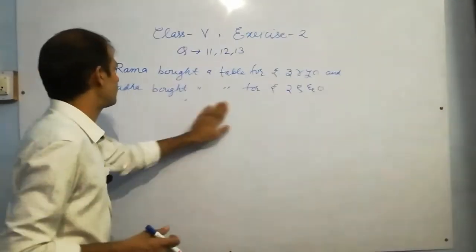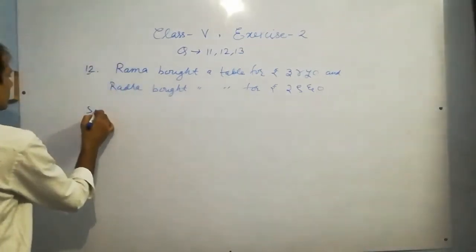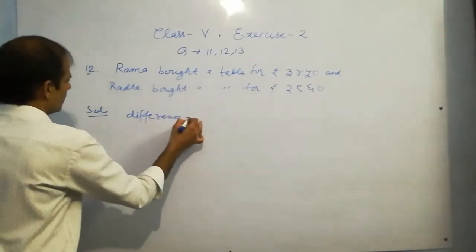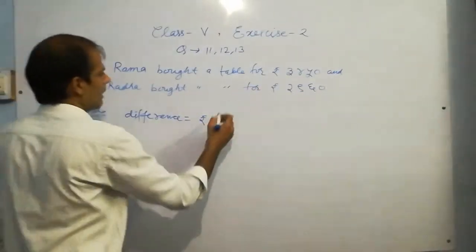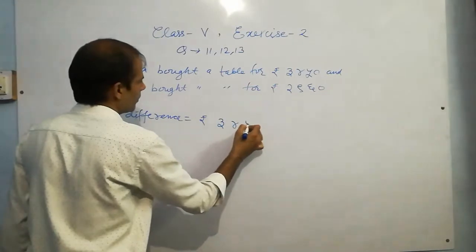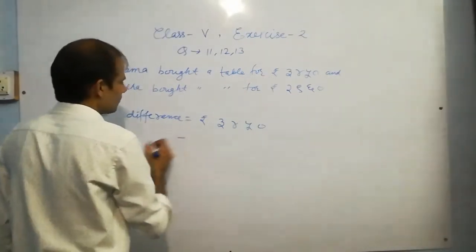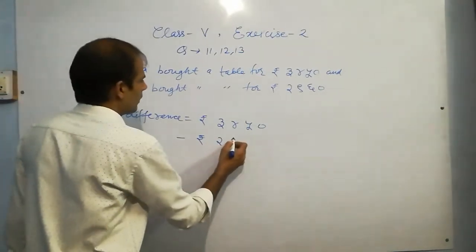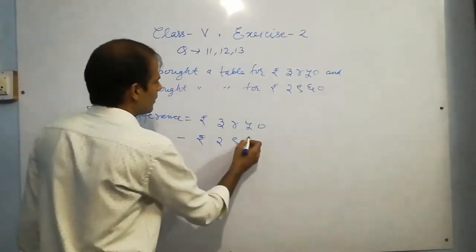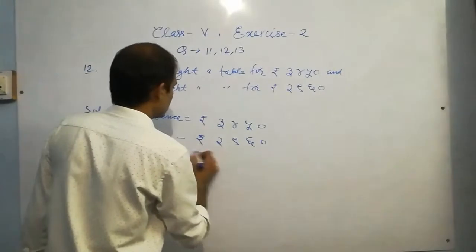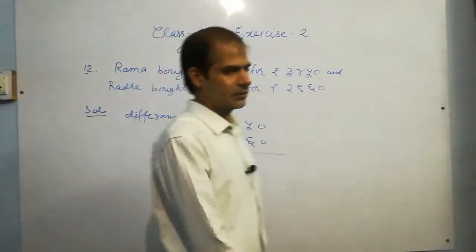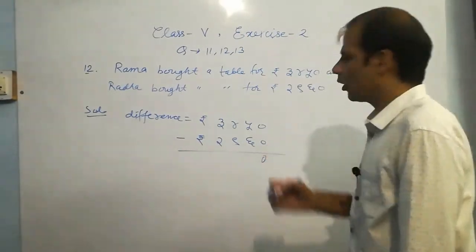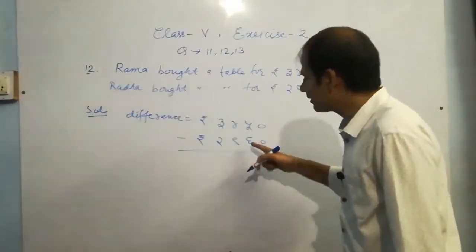Now the difference is rupees 3450, put minus sign, rupees 2960. So perform this subtraction. Now 0 minus 0, obviously 0, this is 5 and this is 6.